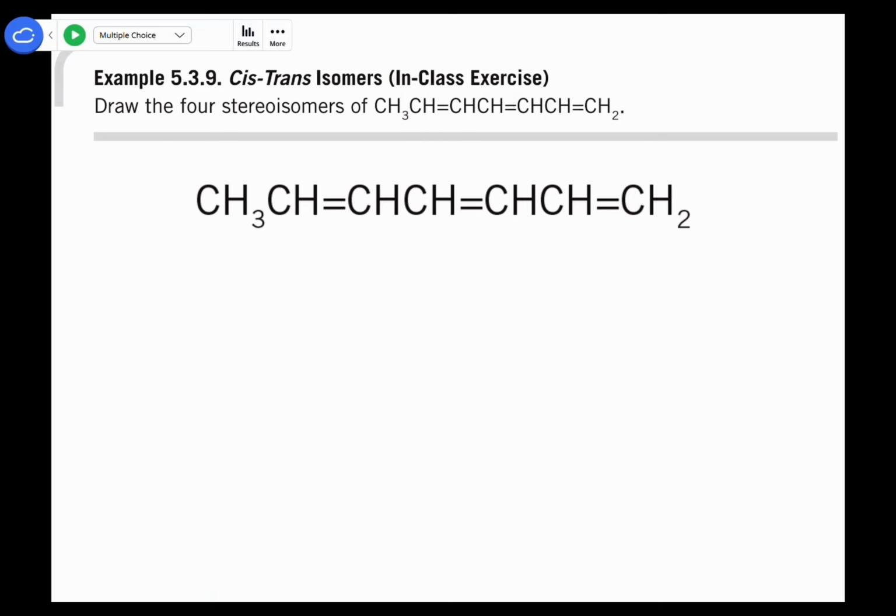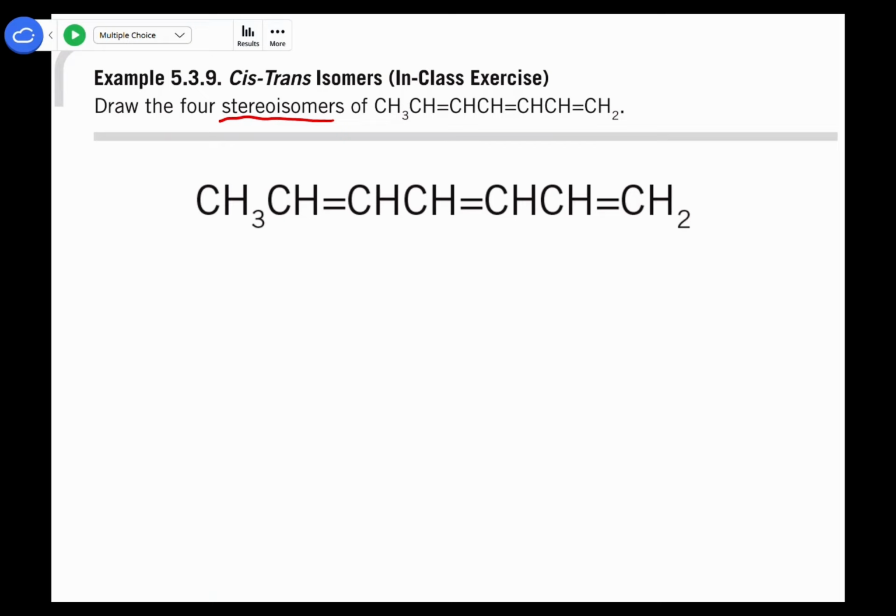Here we are told we want to draw the 4 stereoisomers for this connectivity of atoms. So we're going to break this down a little bit to figure out what molecule we're talking about, and then we're going to draw all the different options. The first thing I want to notice is that I see 3 double bonds in this structure.